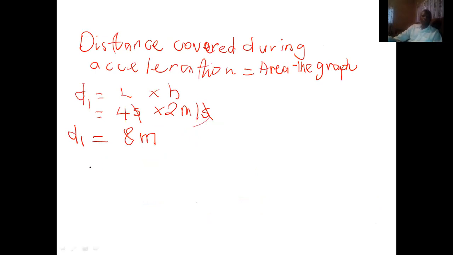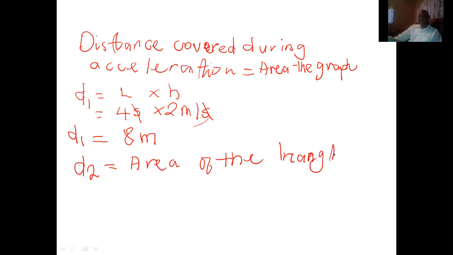So distance 2 would be equal to the area of the triangle. And this triangle is a right-angled triangle.